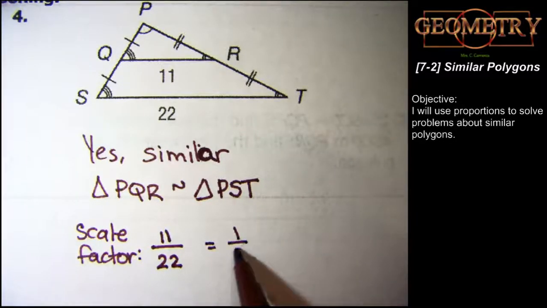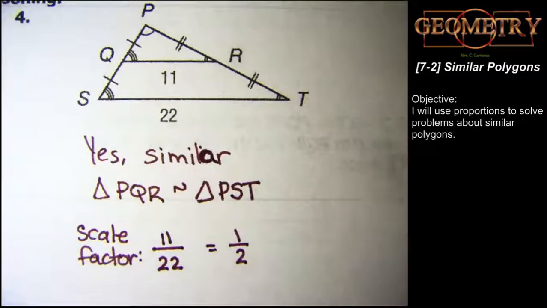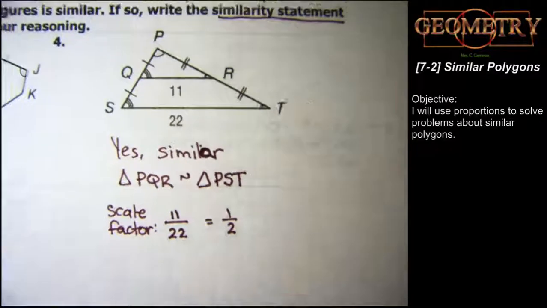And when I simplify that fraction, I get that value. Feels okay? Yeah? Good. Join me on the back side of the page. We're halfway done with our notes. You guys are awesome.